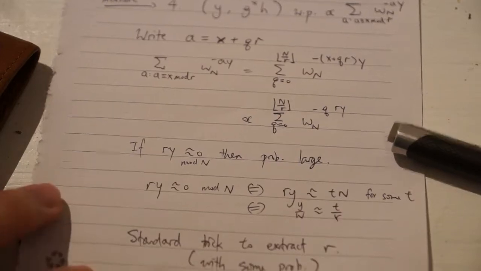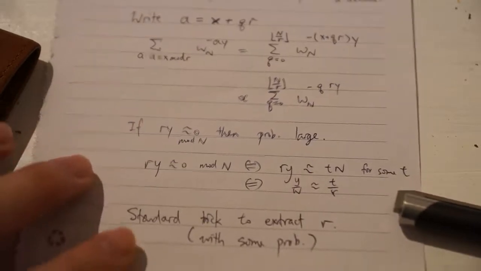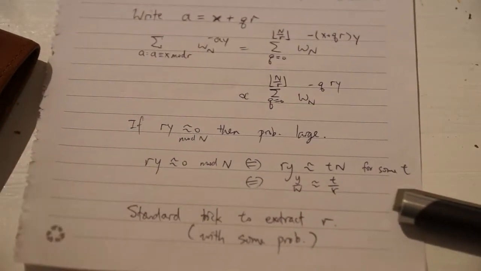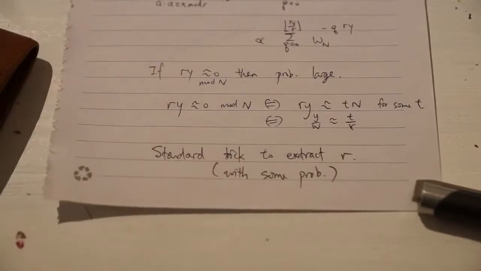Or in other words, y over n would be close to t over r for some value t. Then using some tricks which Albrecht should have talked about already, we can extract this value r with some probability. By repetition we can amplify this probability and obtain r with overwhelming probability.